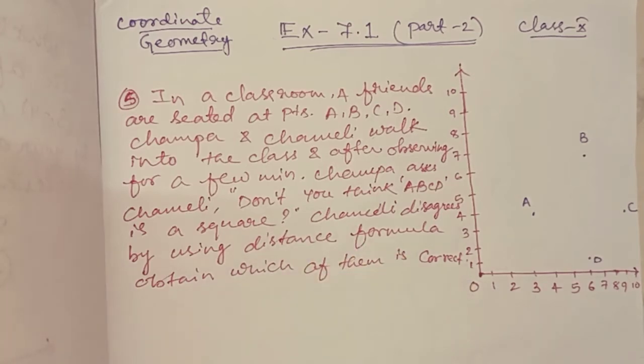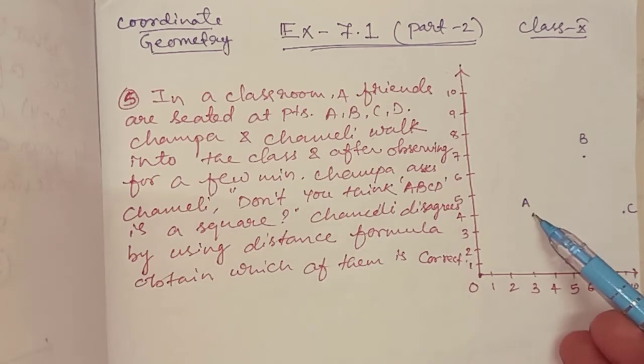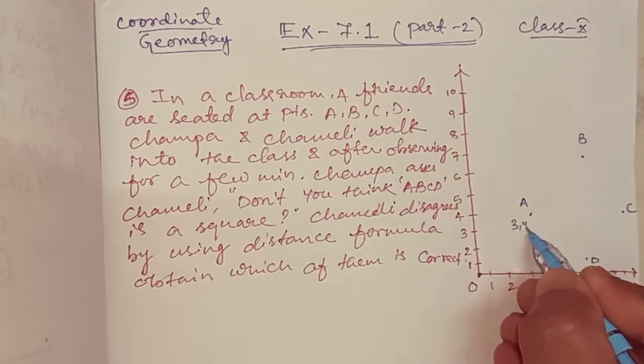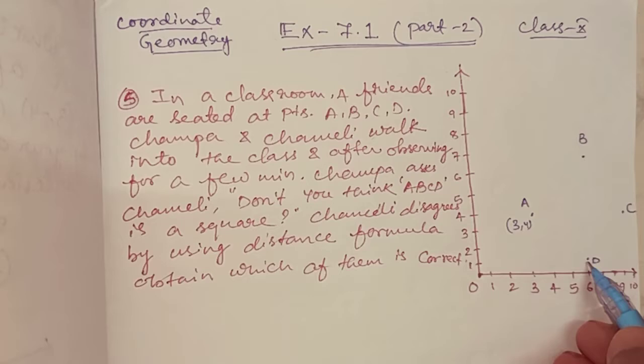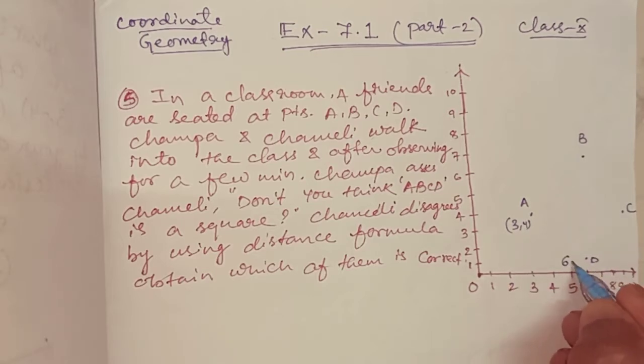In the question it is given that four friends are sitting at A, B, C, D. I have just drawn a rough diagram from the textbook. You can see this question in the textbook, and you can observe that A is situated near the point 3, 4, so the coordinate of A will be (3, 4). D is at (6, 1).